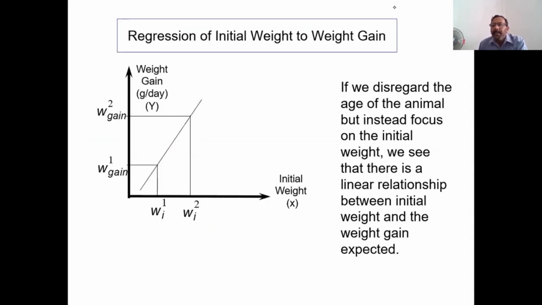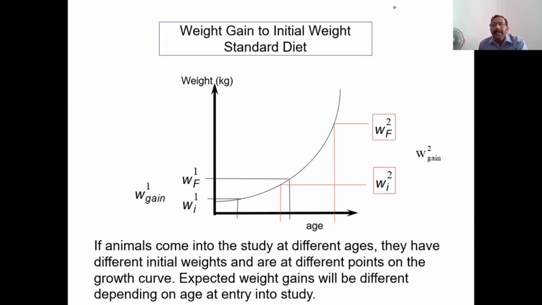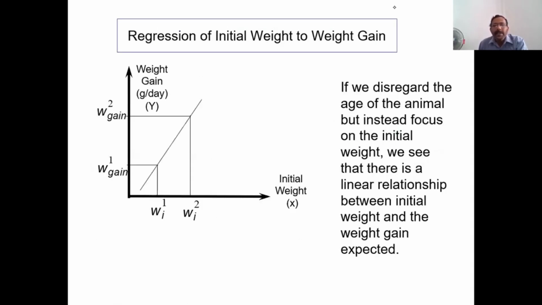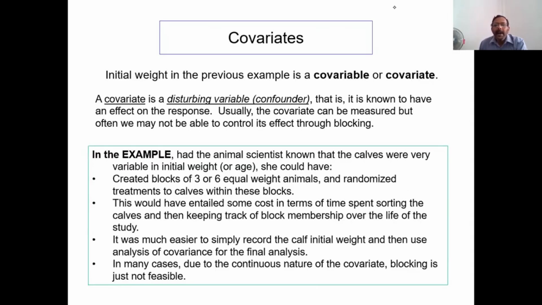Why is initial weight important? Because in this case, age cannot be considered as the initial consideration, because we are ultimately looking at the weight gain. This weight gain has a linear relationship with the initial weight, so we are going to take the initial weight as the covariate.